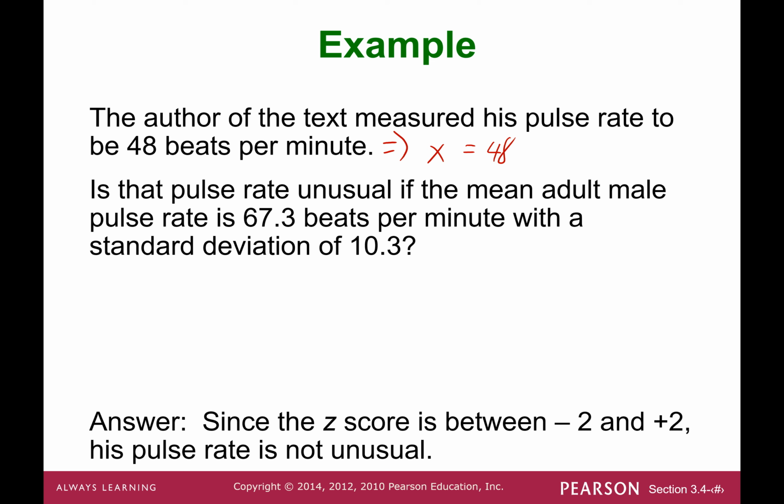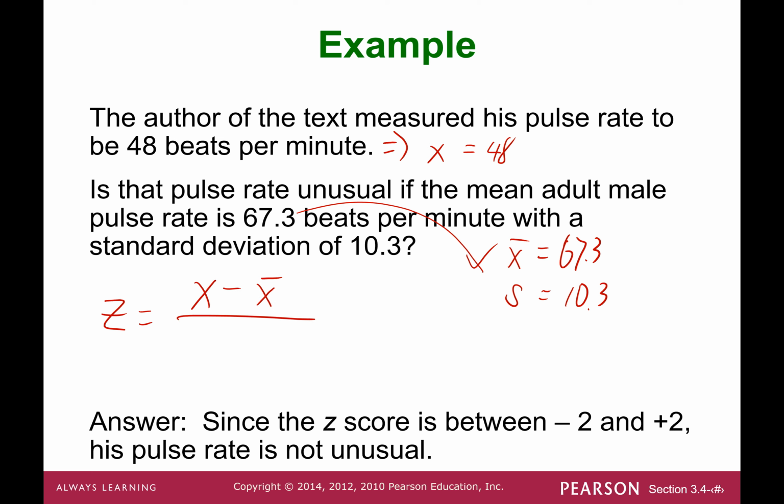You can assume this is a sample, so this is the sample mean, 67.3 beats. We also have a sample standard deviation of s equals 10.3. Now we just apply the z-score formula: z equals data value minus sample mean over sample standard deviation, so 48 minus 67.3 over 10.3.